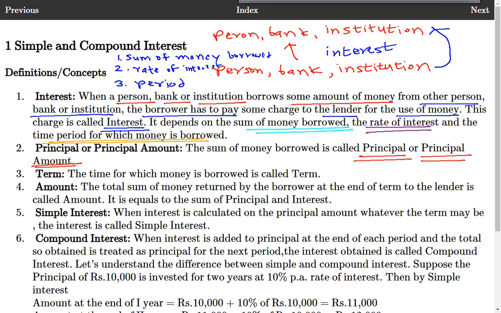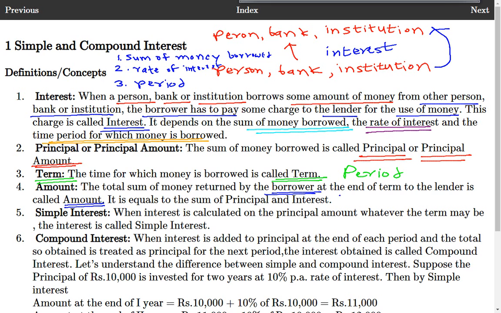Next concept is term. The time for which money is borrowed is called term. It is also called period. Amount. The total sum of money returned by the borrower at the end of term to the lender is called amount.